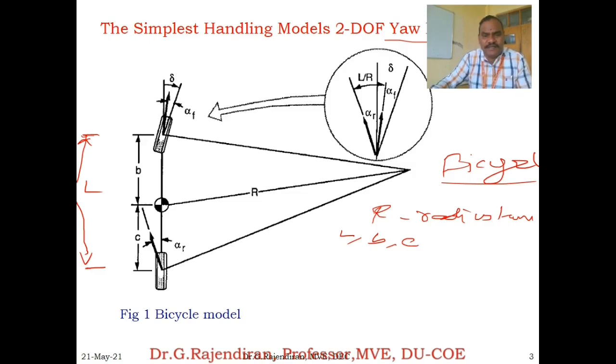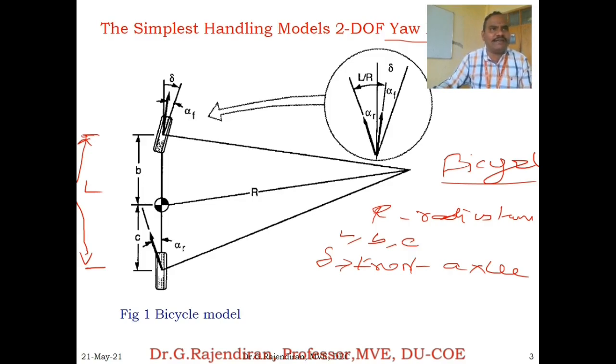Assume that this steering input delta is given to one wheel only, the front axle. Clear? And what is the steering angle? The angle between the tire plane and the longitudinal axis is called the steer angle delta.